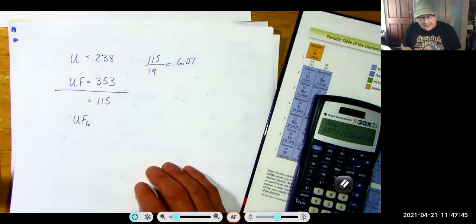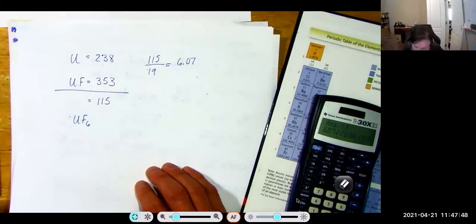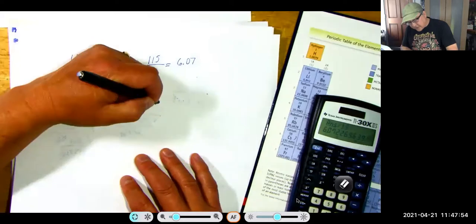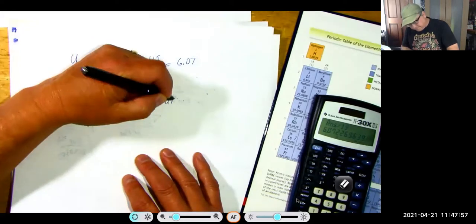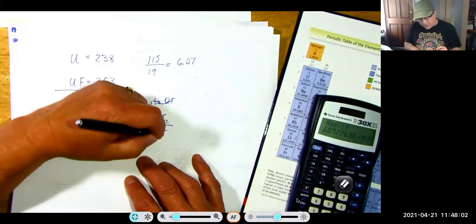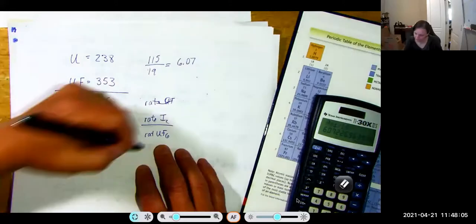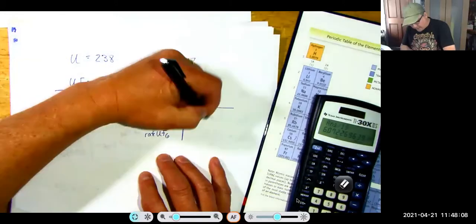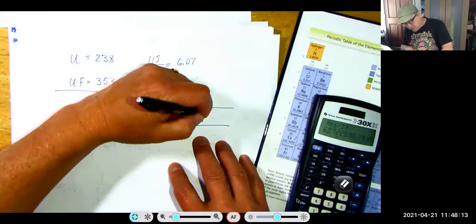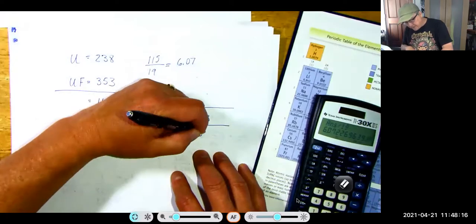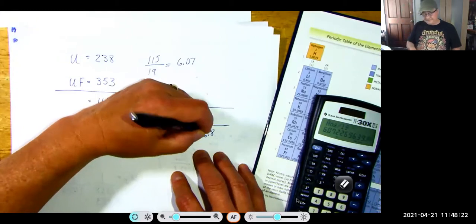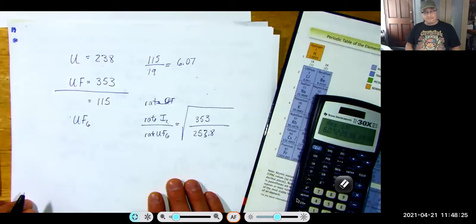Okay. So is there a way for us to check this answer? Sure. We could go back to the equation: rate of iodine over the rate of UF6, since we know what it is now, right? Is equal to the square root of 353 over 253.8.